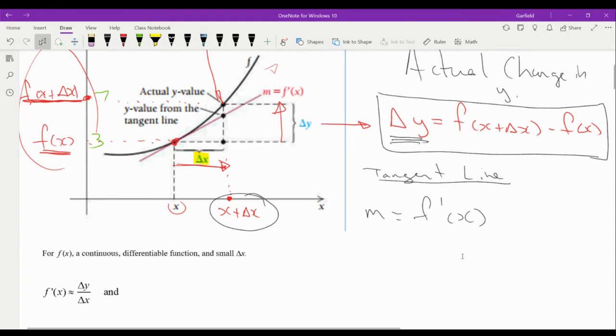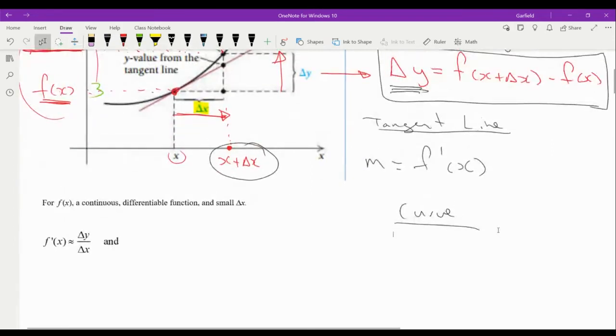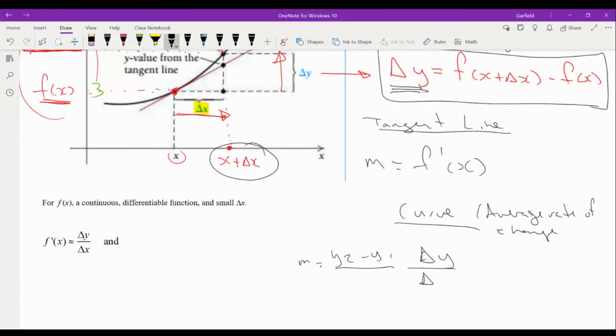We know for the curve, we talked about this earlier on, the average rate of change is equal to delta y over delta x, y2 minus y1 over x2 minus x1, which is the change in y over the change in x.